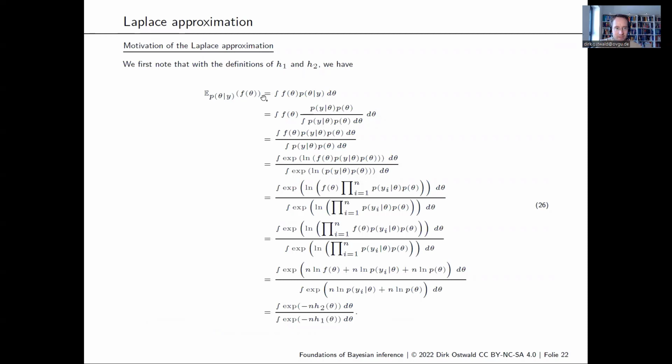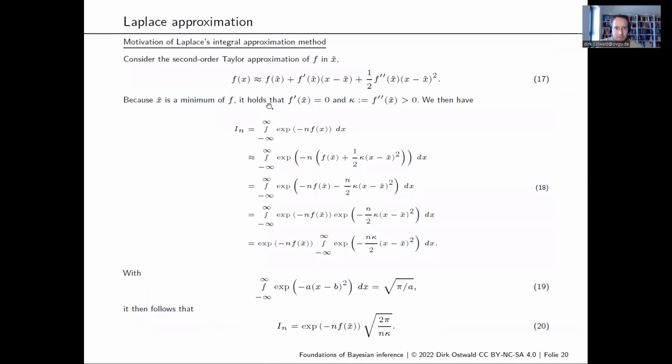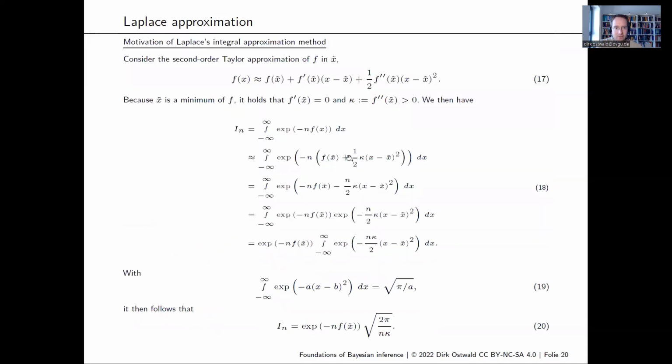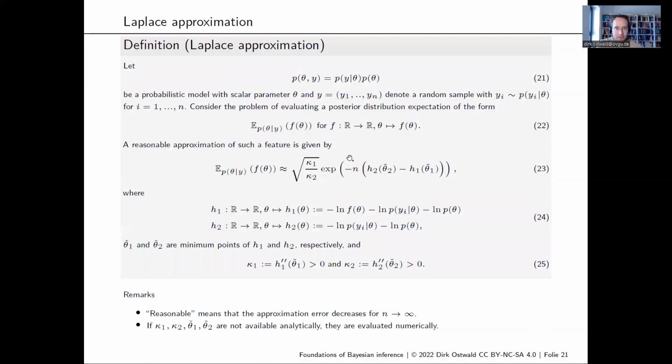So the use of the Laplace integral approximation method in the context of the problem that we have here leads to these two functions in this formula.